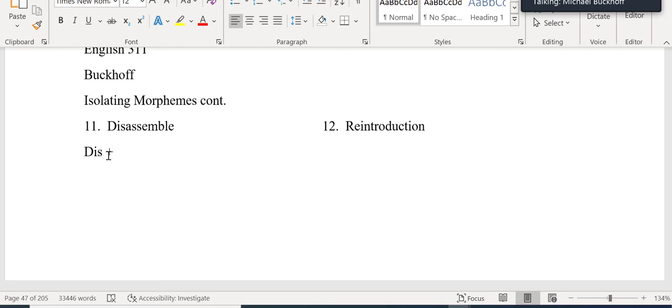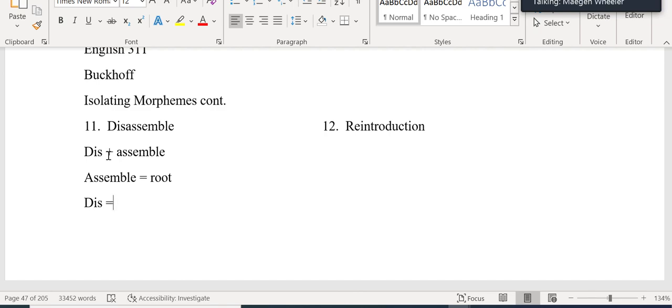You're thinking dis and then as and then I don't. It doesn't look like that's part of it, but dis and then assemble. So then we have assemble equals the root, and then dis. How do we classify that?